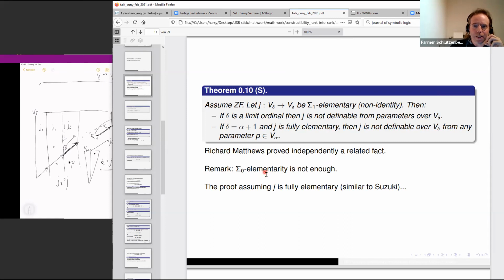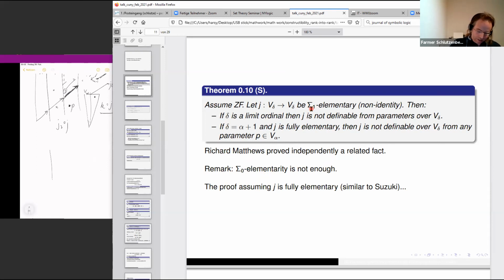Okay, so as I mentioned before, sigma 0 here is not enough for this theorem, because we might have V delta, and V delta just models EFC, let's say, and then we might have an ultrafilter mu. Just take the ultrapower of V delta by mu.